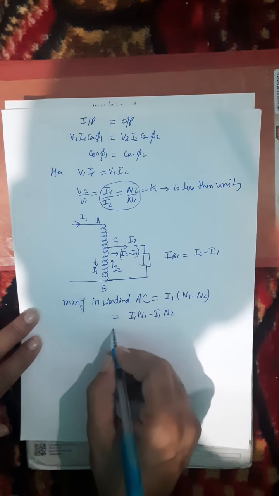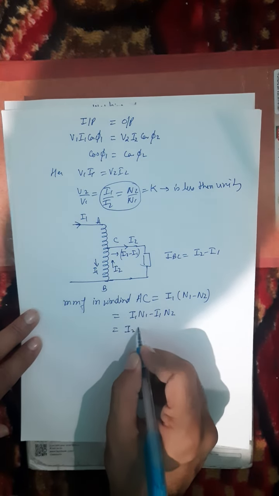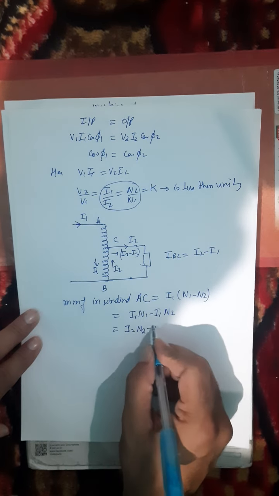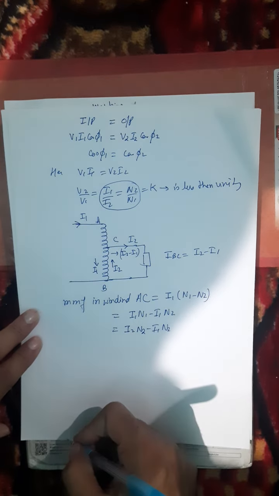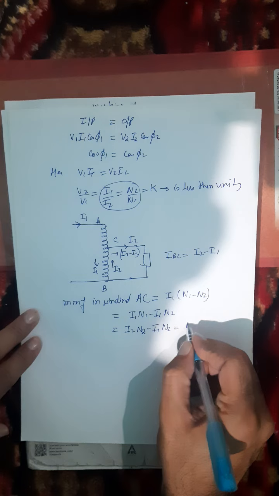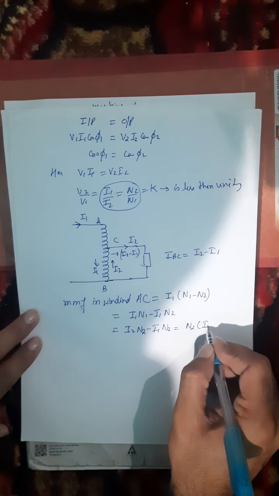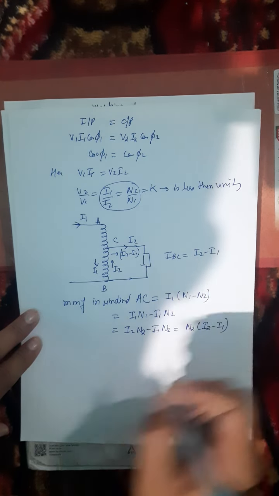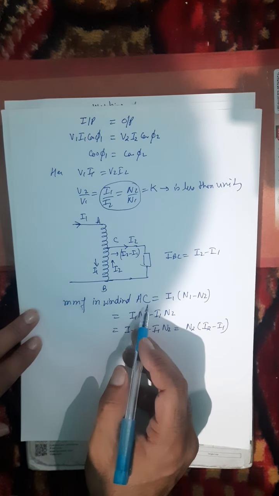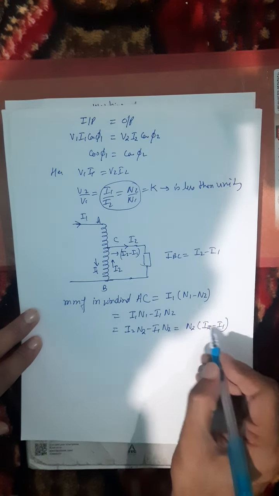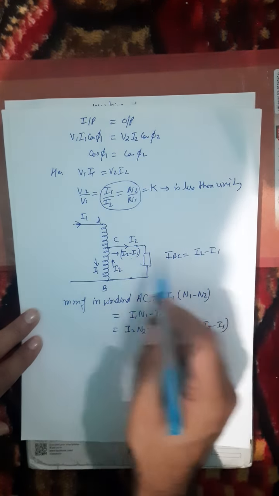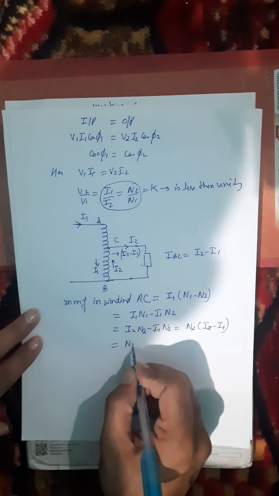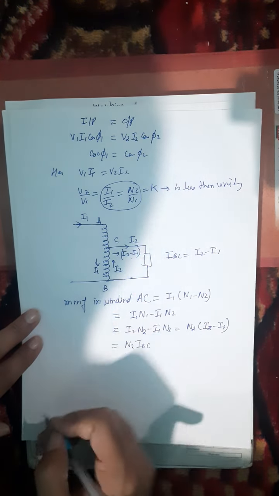Substituting it here, I1 N1 is equal to I2 N2 minus I1 N2. Taking N2 common, I get I2 minus I1. So this is the MMF in the winding AC. What is I2 minus I1? I2 minus I1 is nothing but the current in the winding BC. So it is N2 into IBC.